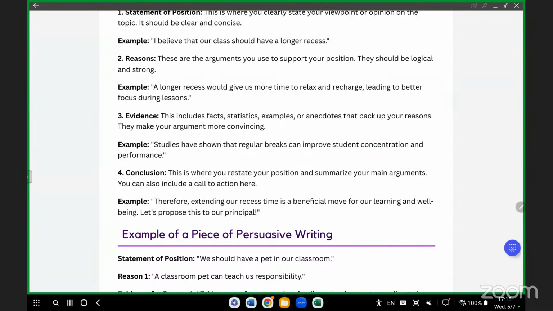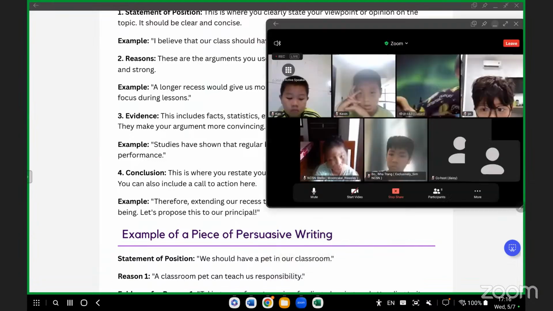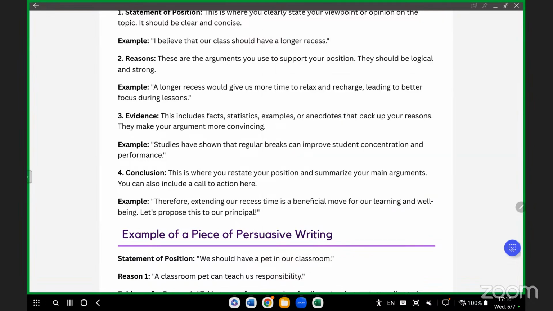So things you might have done or activities you were a part of, you can tell stories about that in a piece of persuasive writing, and that can be good evidence. And you want to make sure that your evidence backs up your reasons. They're going to make your arguments more convincing, and they're going to make it more likely that the reader will believe you. And an example of evidence would be studies have shown that regular breaks can improve student concentration and performance.